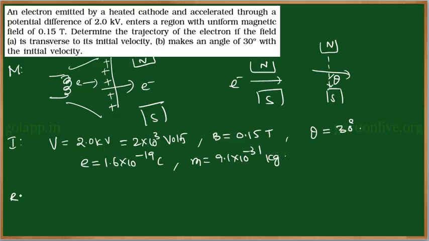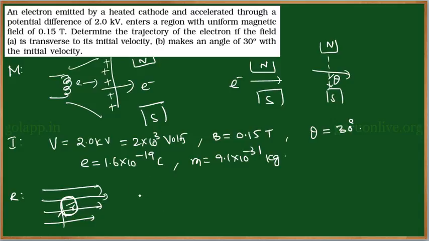Now coming to the resolving part. Whenever an electron is projected into the magnetic field in a transverse direction, it will trace a circular path. Assume that the field is uniform, and if an electron is entering perpendicularly, it will trace a circular path like this with some radius r.